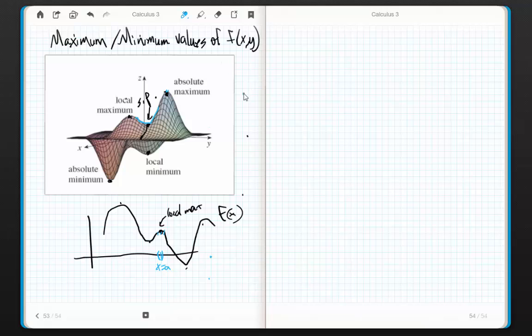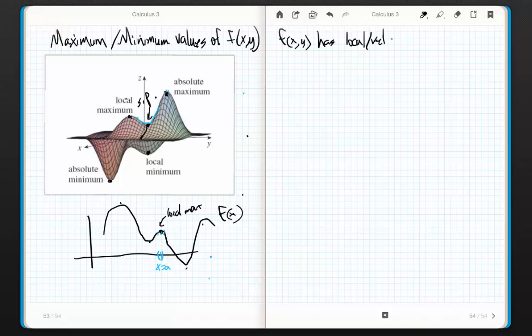Okay, so let's get some formal definitions out of the way. Per the book, we say f of x, y has a local or relative max at (a, b) if and only if f of x, y is less than or equal to f of a, b for some open circle around (a, b) in the xy plane.